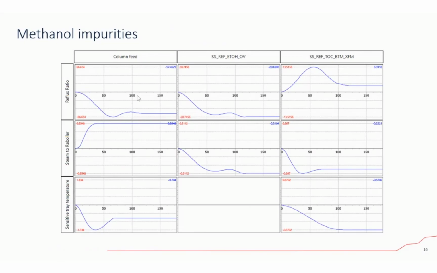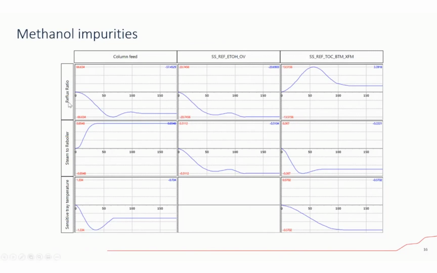So you can see how, for example, the reflux ratio in this case affects your column feed. If you increase the reflux ratio, the column feed decreases, of course, because what's going on is you're cooling down the column. The sensitive tray temperature, as you remember, goes down, so you need less internal reflux, so then the feed goes down.